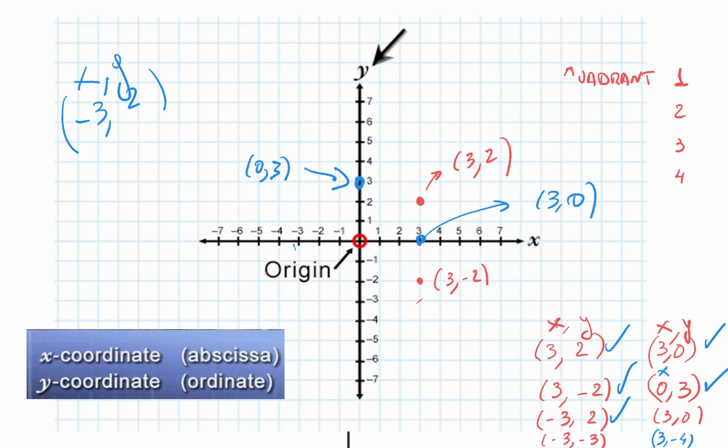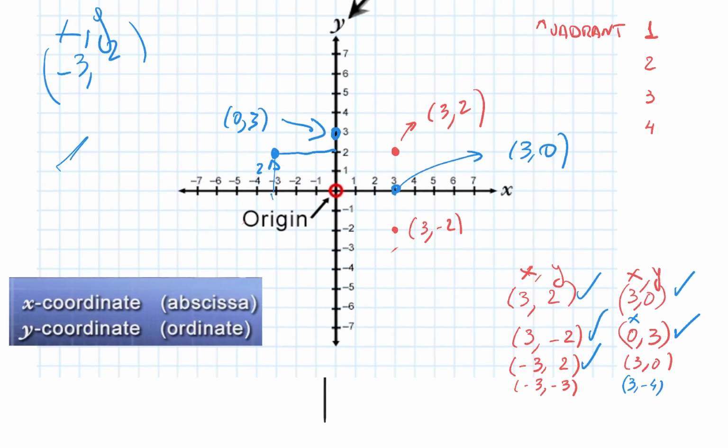And now you have to walk 2 units up. From the point minus 3, you go 2 units up, and you are here. (-3, 2) is this point.